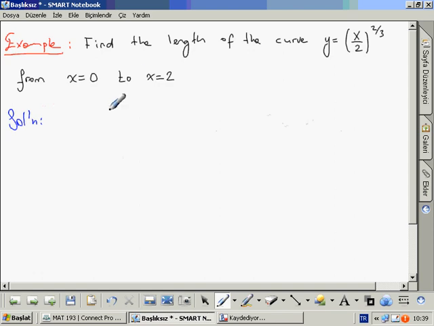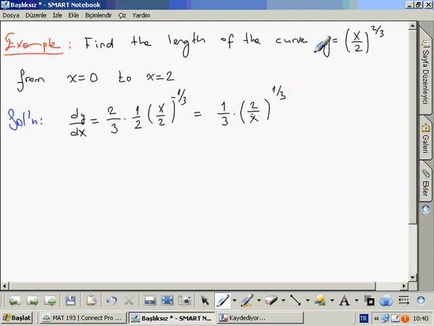Solution: del y over del x, if it exists, equals 2 over 3 times 1 over 2 times (x over 2) to the power of minus 1 over 3, and it equals 1 over 3 times (2 over x) to the power of 1 over 3.